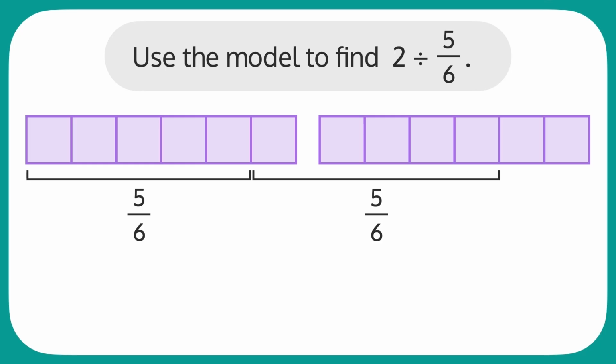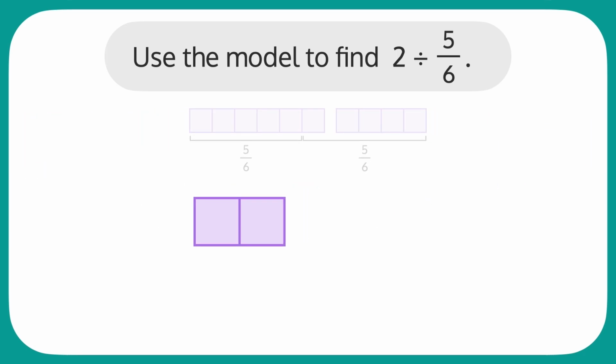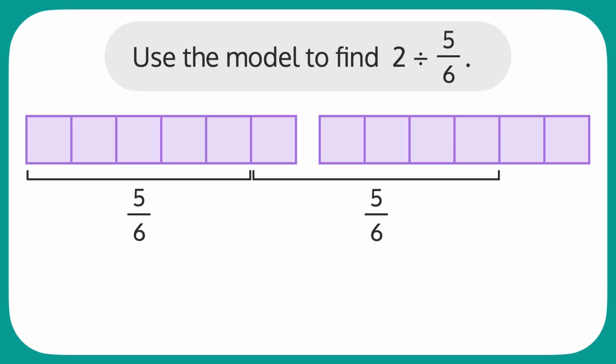There are only 2 parts left, so we can't complete another group of 5/6. Looking at these 2 parts, we know that a whole group would have 5 total parts. So these 2 parts are 2/5 of a group. So there are 2 whole groups and 2/5 of a group. That's 2 and 2/5 groups. This means that 2 divided by 5/6 equals 2 and 2/5.